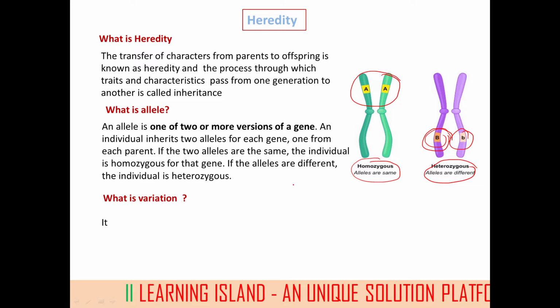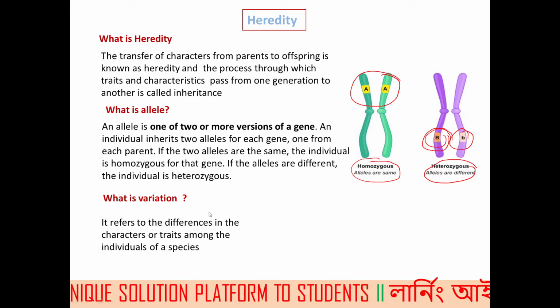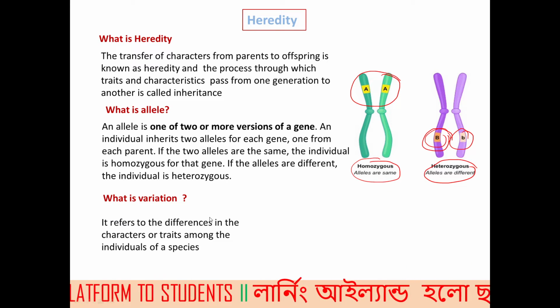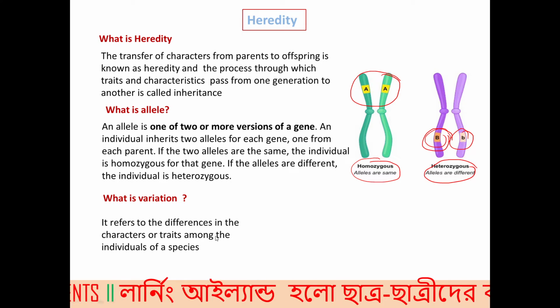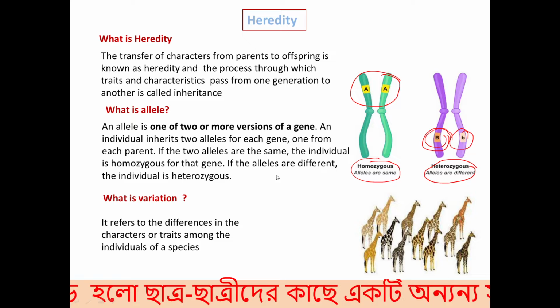Now I will discuss what is variation. Variation refers to the difference in the characters or the traits among the individuals of a species. So here you see why the variation actually happens.